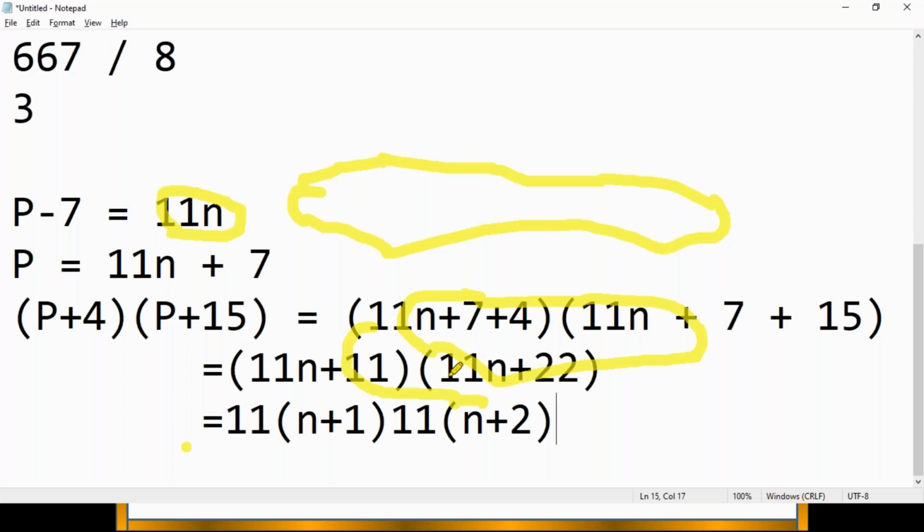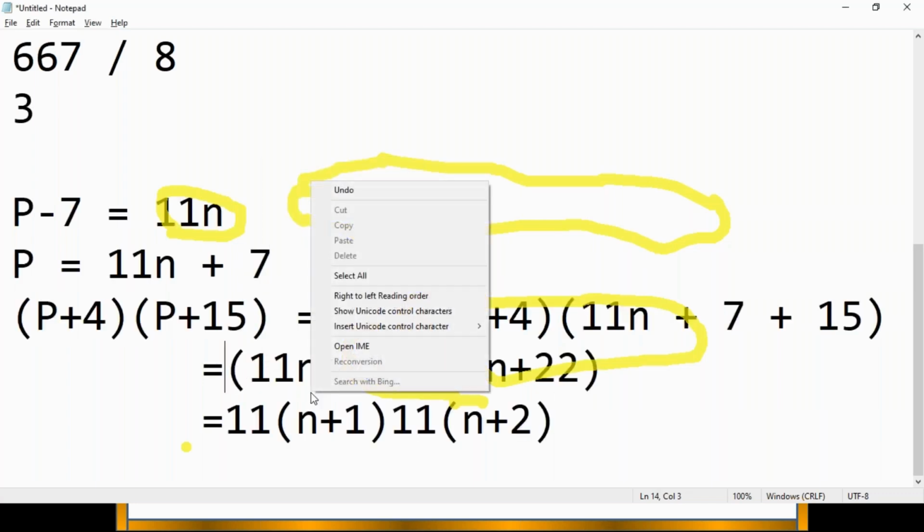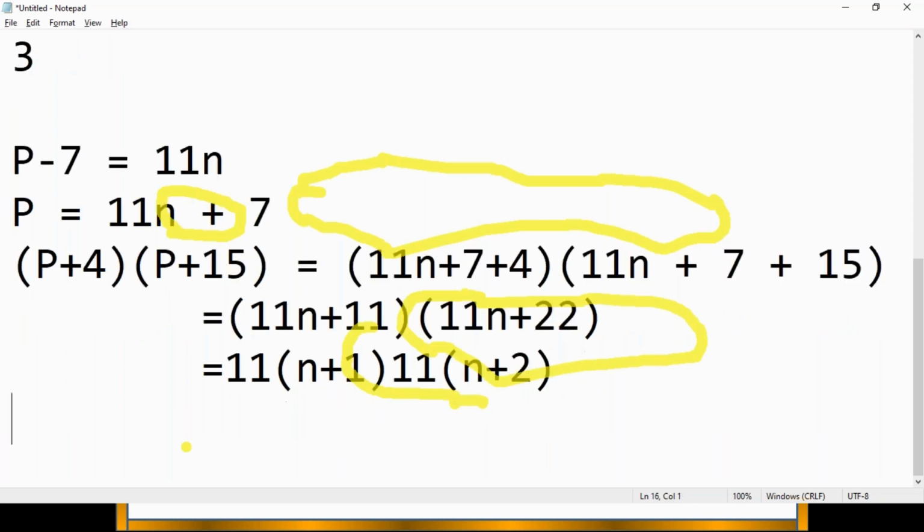So 11 into 11 is 121 into n plus 1 into n plus 2. The whole problem is completed.